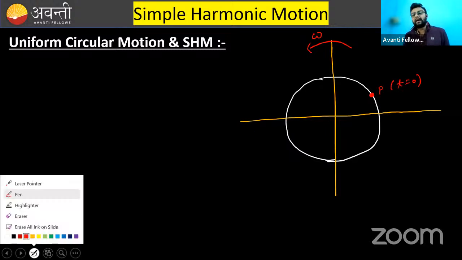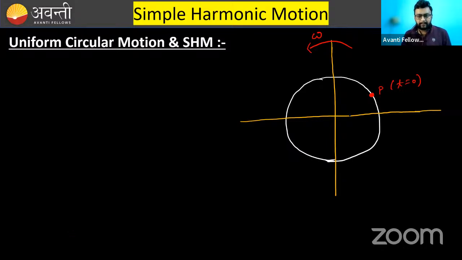Now you have to visualize the things. What I am trying to say, consider a particle revolving in circular path. Now, can you see that if this is the center of the circle O, then this y-axis is a diameter and x-axis is also a diameter.